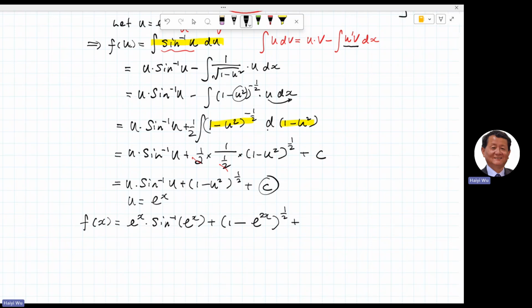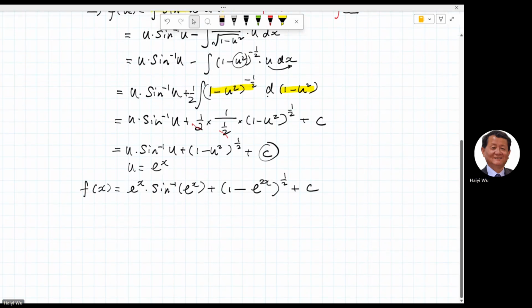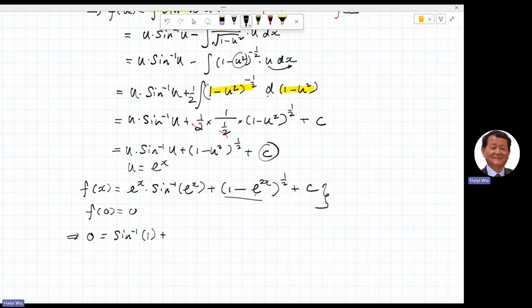plus c. Now we're going to decide what c is, so we substitute the origin into that. That leads to 0 equals 1 times inverse sine of 1, plus the square root of 1 minus 1, which becomes 0, plus c.